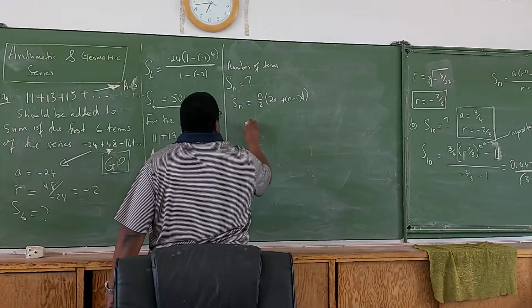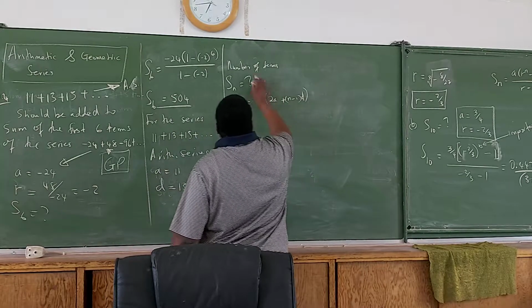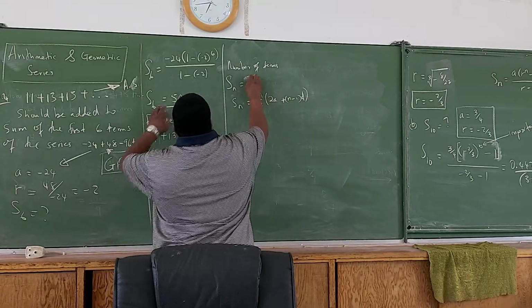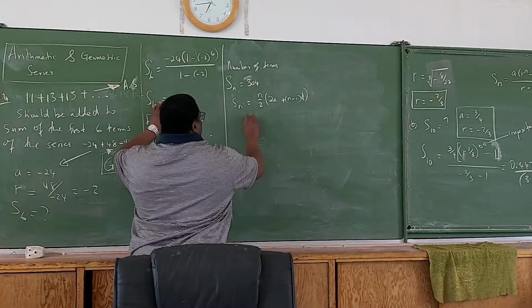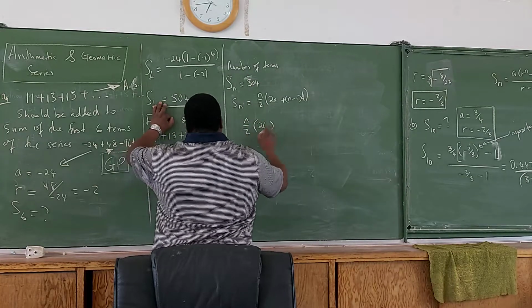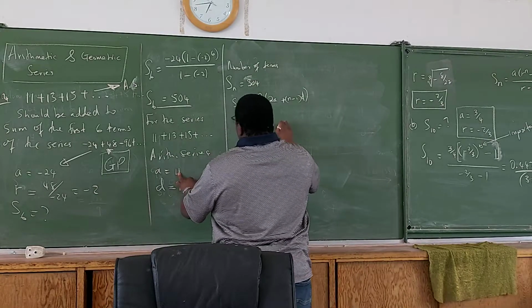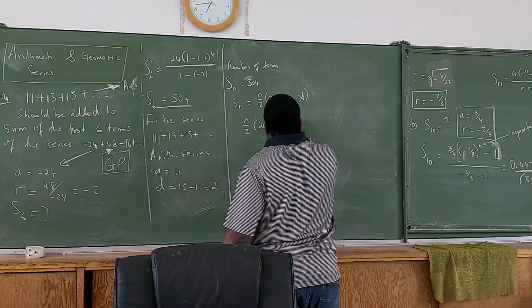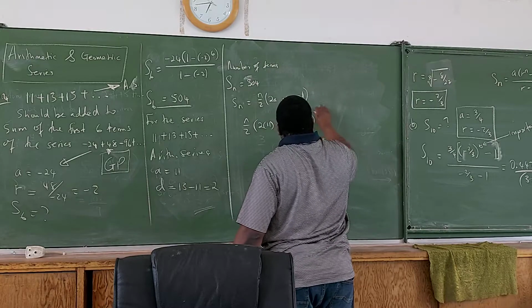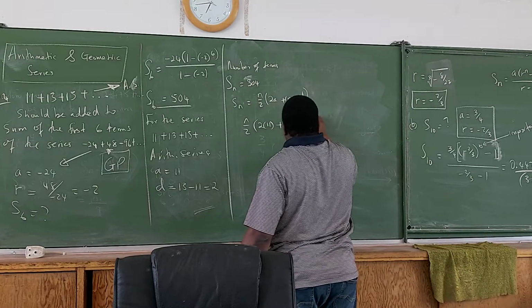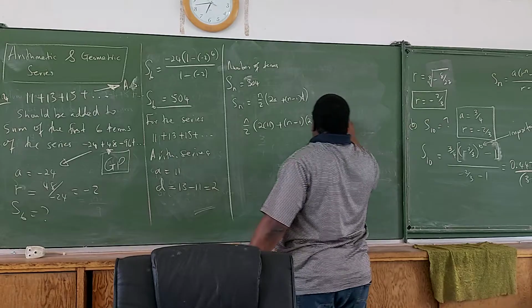This is unknown, but we know it should equal 504. So n over 2 times 2 times a, our a being 11, plus n minus 1, our d being 2 or negative 2, should equal 504.